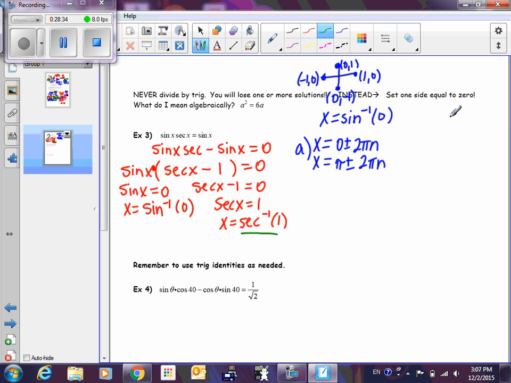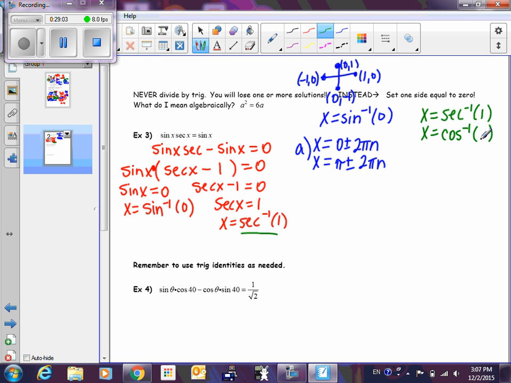Now we need to do the secant one. By the way, what happens when you take the reciprocal of 1?